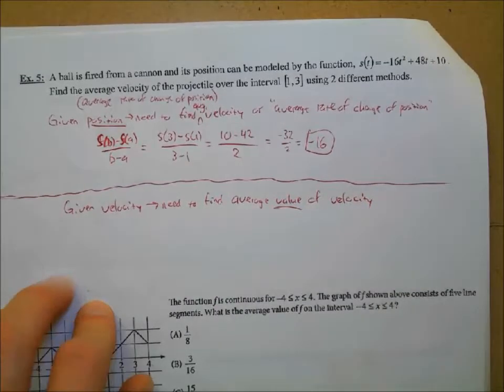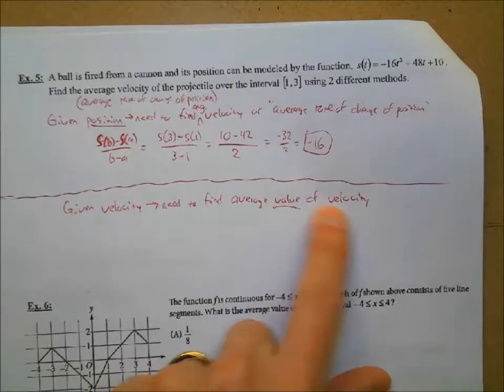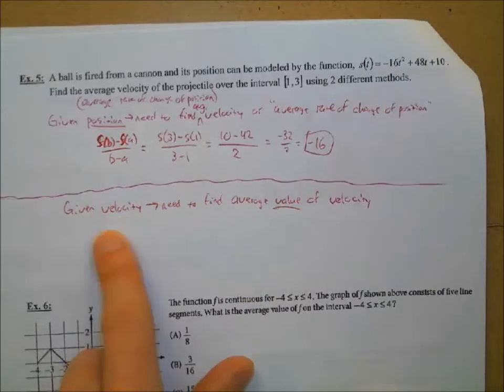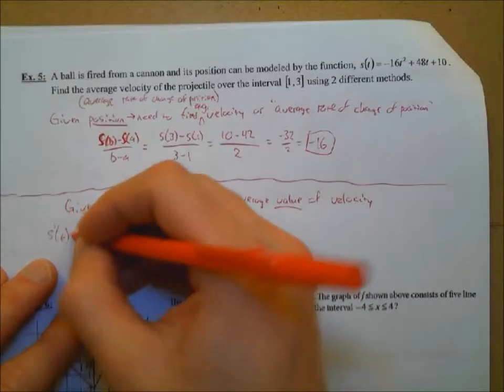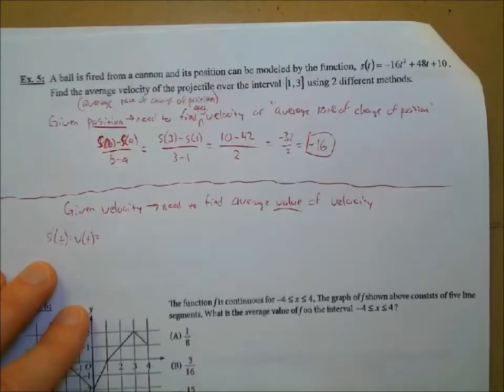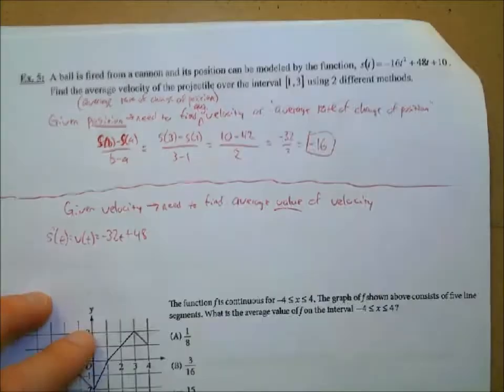If we're given the velocity and we want to find the average velocity, we're going to find the average value of the velocity. So now is when we would take the derivative of the position. We get s prime of t, which is equal to v of t, which is negative 32t plus 48.